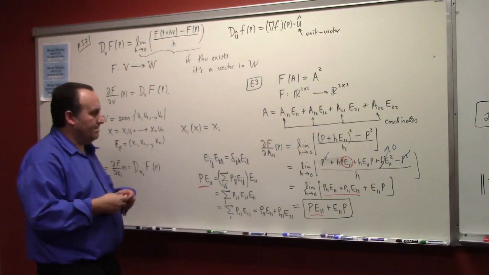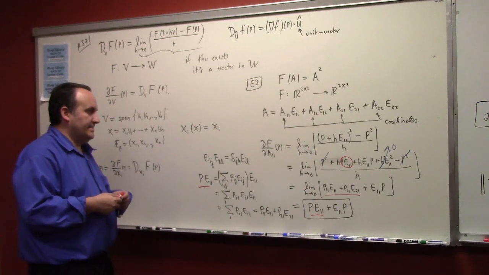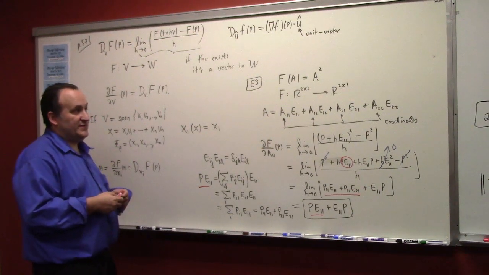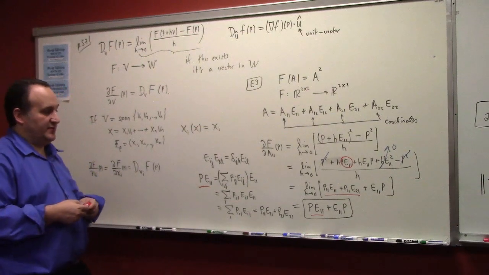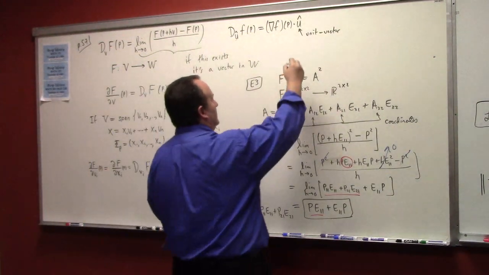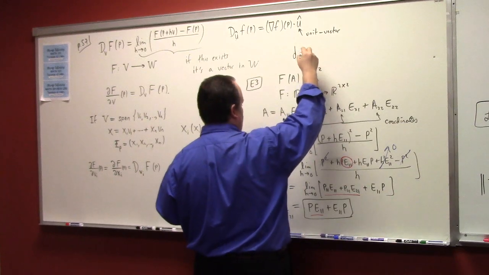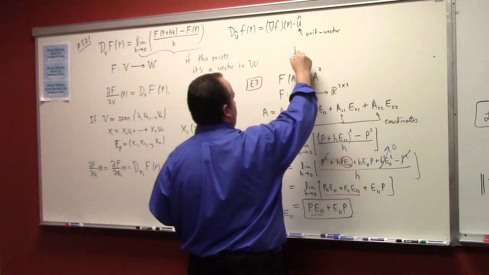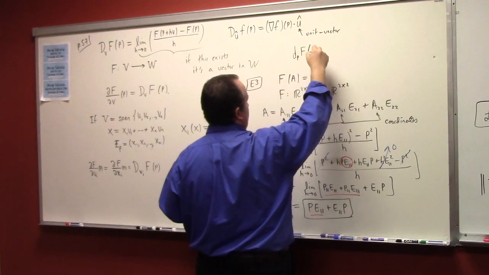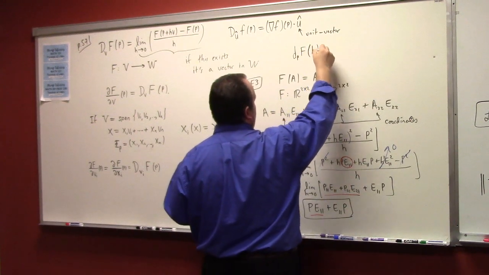Now, the question is, well, we figured out last time that the differential of this was what? Good question. Oh, good point. Thank you. What we figured out last time was D sub P F of, let's say, H, right?